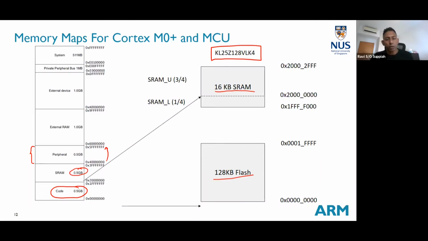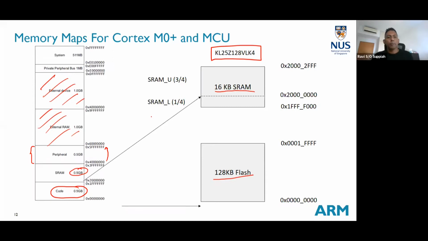I will not go through all of this, but the idea of a memory map is that certain devices have to be mapped to certain addresses. At the same time, you also have free space available for external connections. Down here I have some space set aside for external RAM and external devices. If I want external peripheral devices mapped to my processor, I have this address range to map to.